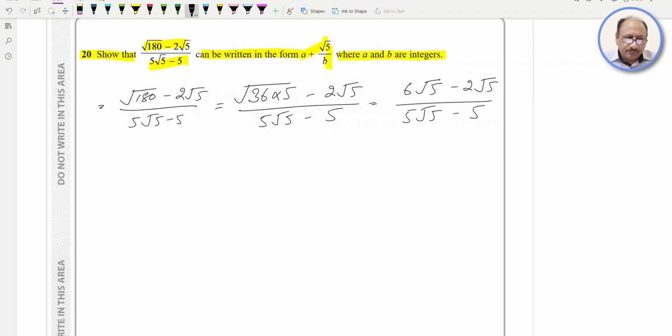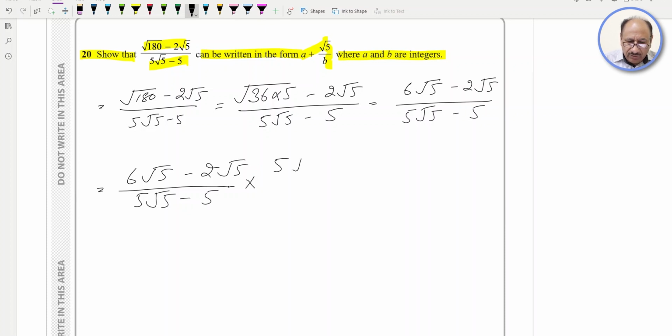Further we can now rationalize 6 root 5 minus 2 root 5 over 5 root 5 minus 5, and after rationalization we will write this one as plus 5 over, this will be 5 root 5 plus 5.